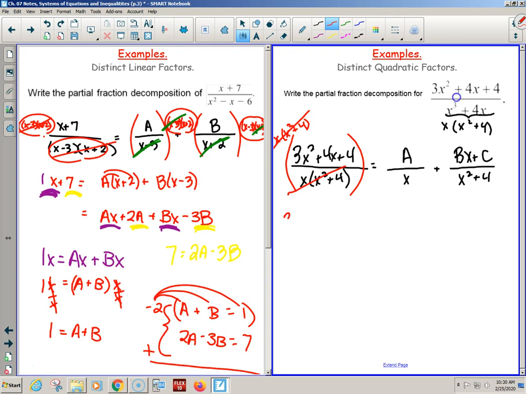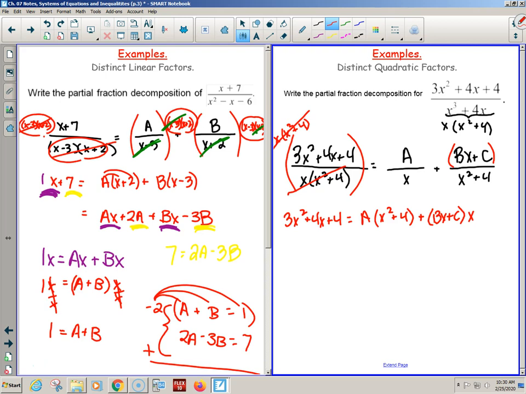But as I start doing this, some of you that followed my mental math last time, just double checking that you can do this without showing too much work. What's A going to be multiplied by? X squared plus 4. What's bx plus c going to be multiplied by? Pause and put those bx plus c in parentheses, times x.